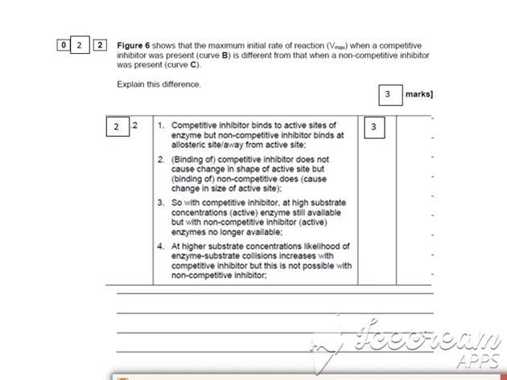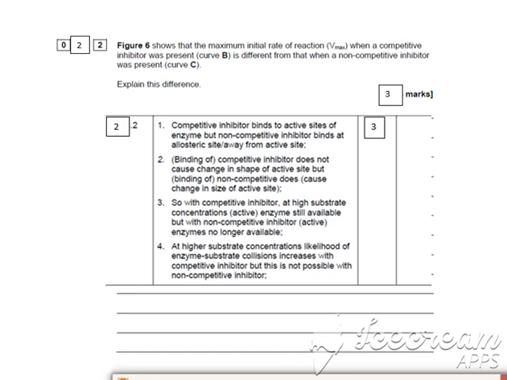So with a competitive inhibitor, when there is a high concentration of substrate, there is still enzyme that is available, so therefore reactions are still going to happen. With a non-competitive inhibitor, the enzyme is no longer available because the active site is now no longer complementary to the substrate.